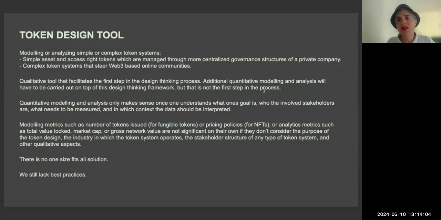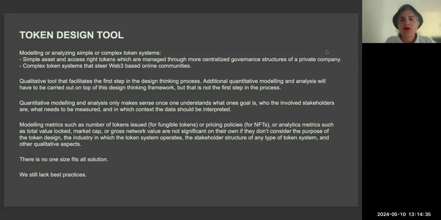Of course, the quantitative parts are very important, but they cannot precede the qualitative part, which we're discussing in this session. Because quantitative modeling and analysis only makes sense if you understand what your goal is, who the involved stakeholders are, what needs to be measured, and in which context any data should be modeled or interpreted.